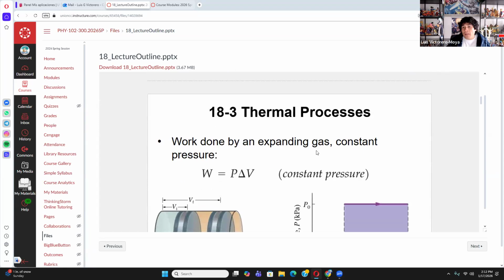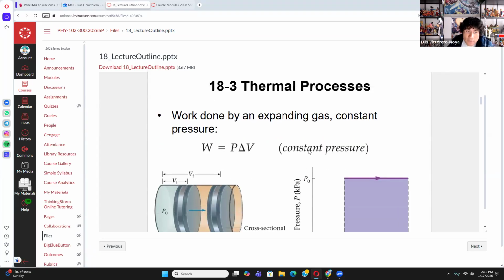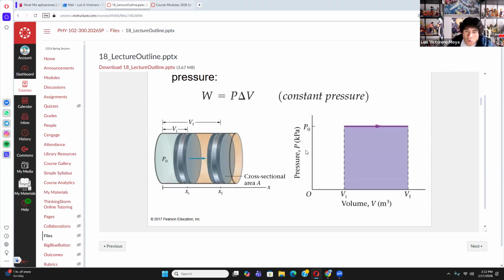So if you expand or compress a gas at constant pressure, which is possible in some ideal cases, you have a pressure versus volume graph drawn like this. Now, keep in mind that pressure is going to be written in pascals and volume in cubic meters. So in here, you are increasing the volume, so the work is positive.